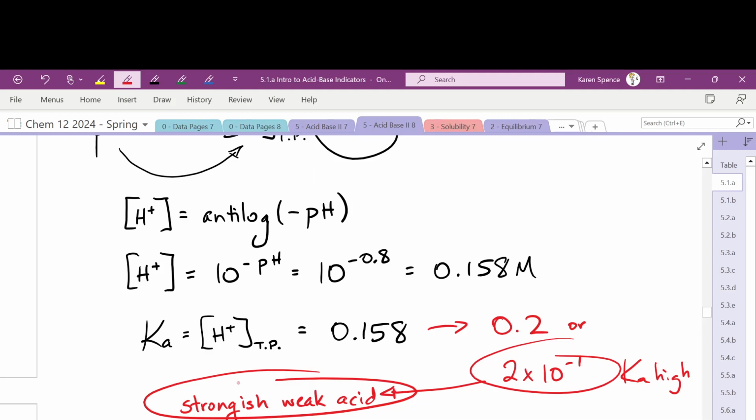Having gone through that, you can probably do the example on the next page. Do you want to try that one on your own? Example 7, I think it is.